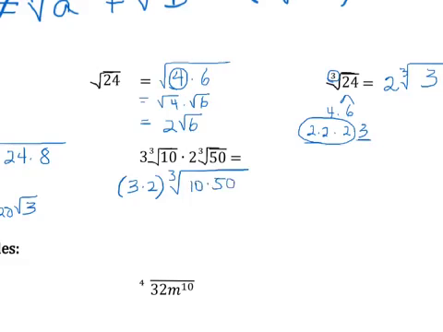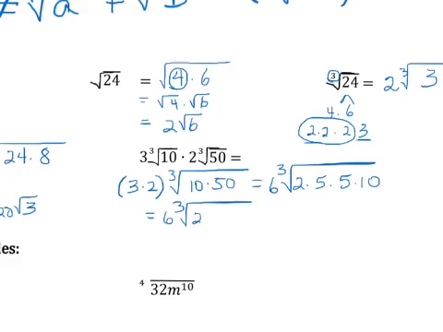I can rewrite 10 and 50. 10 is 2 times 5, and 50 is 5 times 10. Then I can continue rewriting and have 2 times 5 times 5. And then this last 10 down there, I'm going to rewrite as 5 times 2.